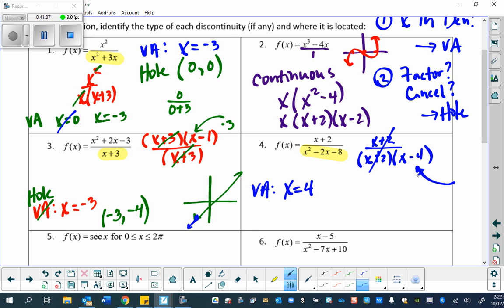And I'll have my hole where I was able to remove whatever caused a 0 here, so negative 2 as an x value. Then when I put negative 2 in, 1 over negative 2 minus 4 gives me negative 6. So that's the x, y ordered pair where I know that function is not defined.